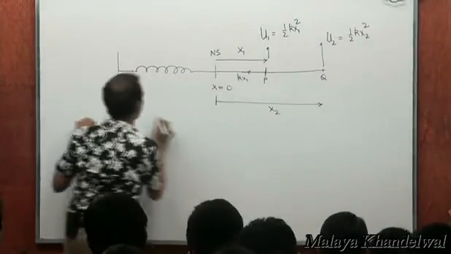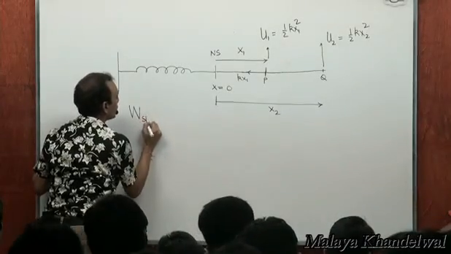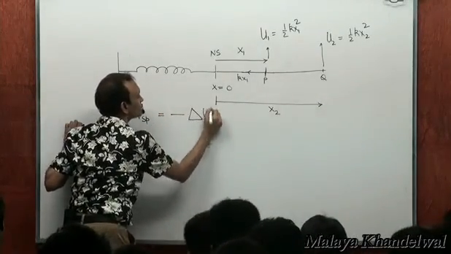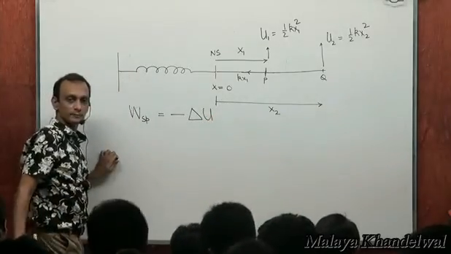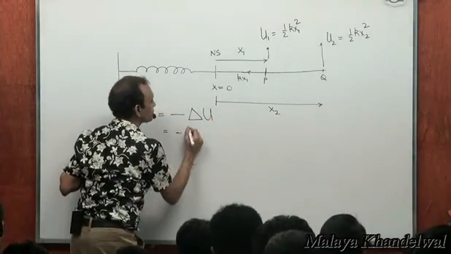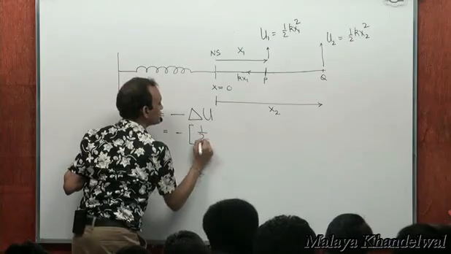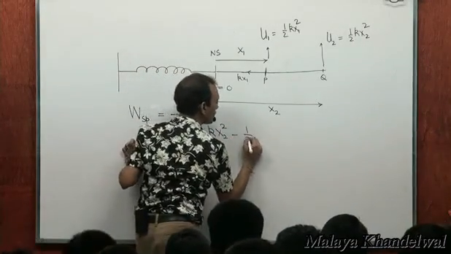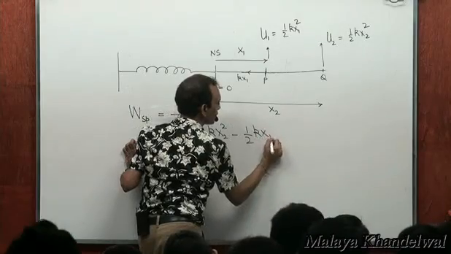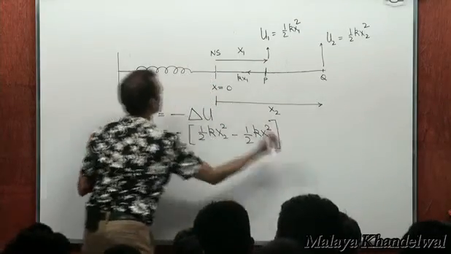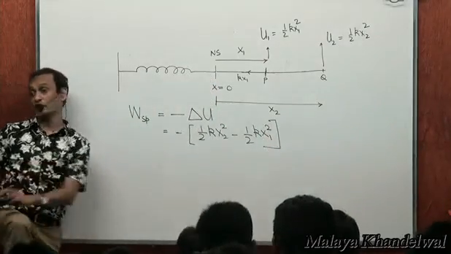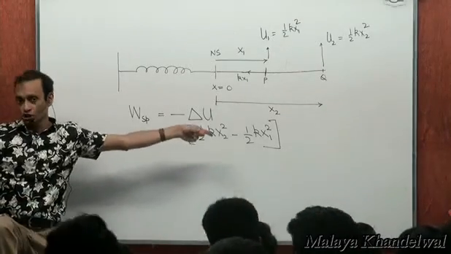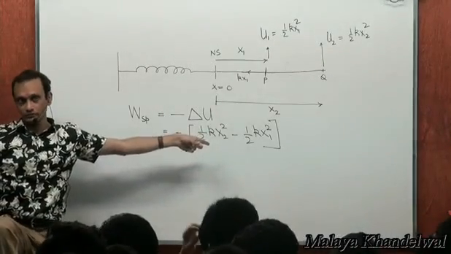So the work done by the spring force, because it's a conservative force, will always be negative of the change of potential energy in the spring, which is minus of final potential energy minus initial potential energy. That's the work done by the spring force. Right?